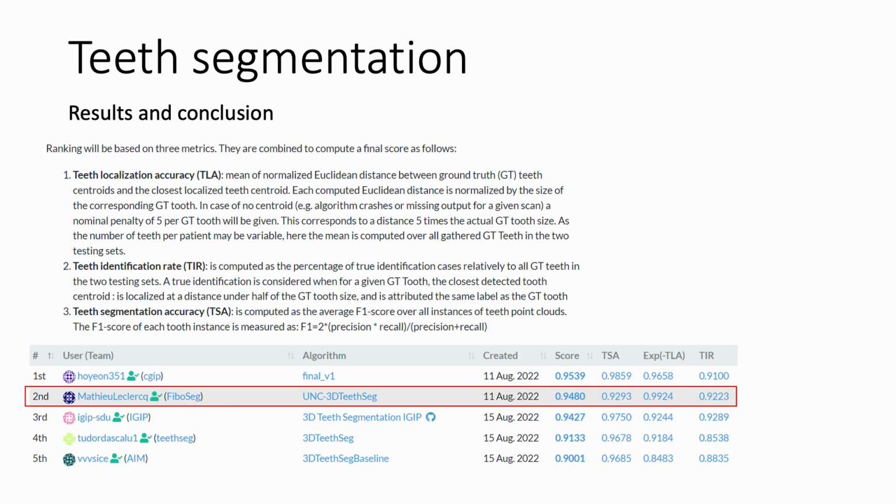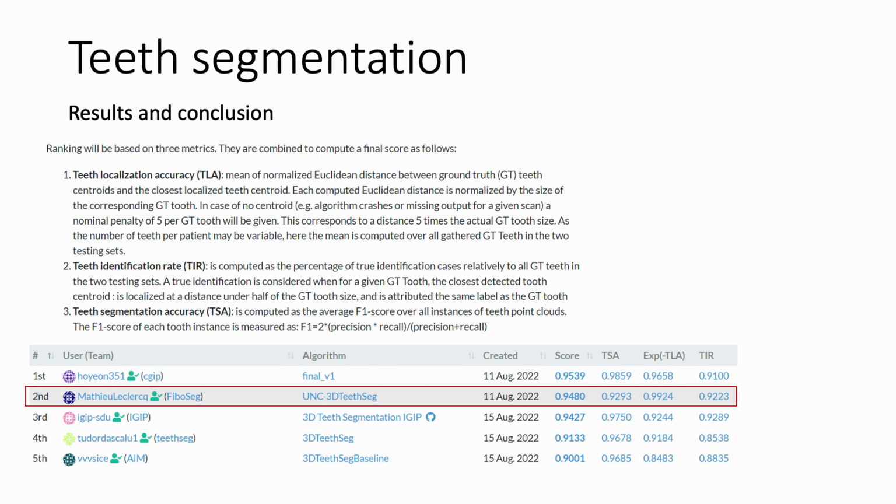As you may know, ranking is based on three metrics that are teeth localization accuracy, teeth identification rate, and teeth segmentation accuracy. The first one computes the distance between the center of the ground truth and the center of the output for each tooth. The second one is the percentage of true identification cases, and the last one is the average F1 score over all instances of teeth point clouds.